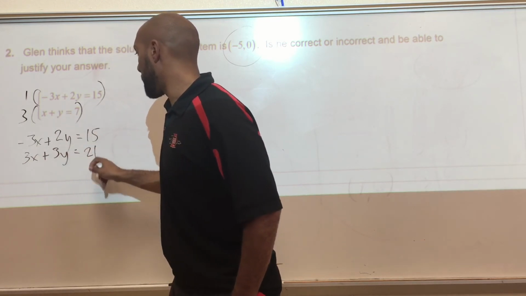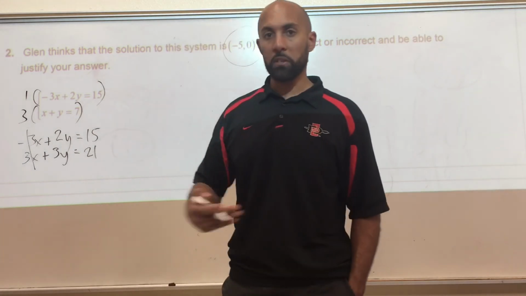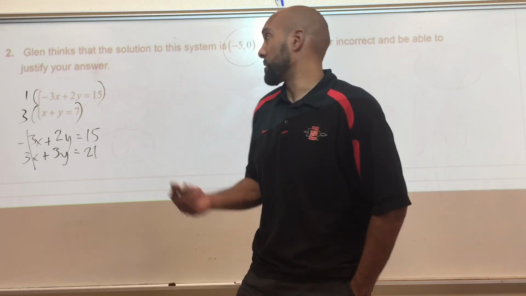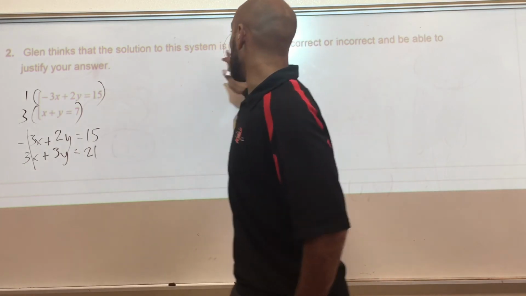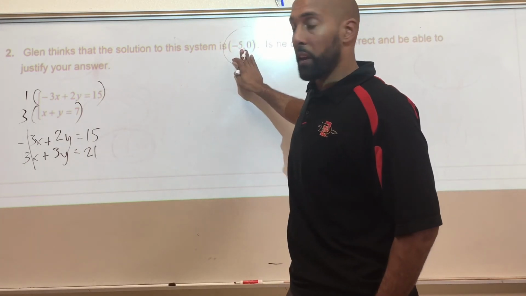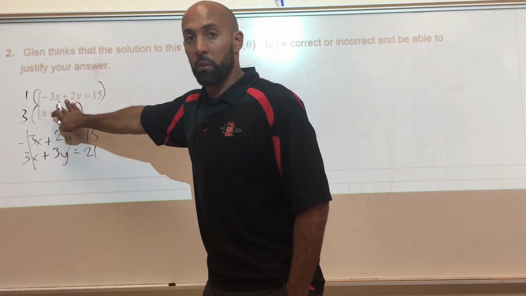Okay, and then that's 21. Cancel that and go ahead and keep solving it, and then find the answer and see if it actually matches that. But there's a way that's much easier. You take this point and you simply plug it into both equations.